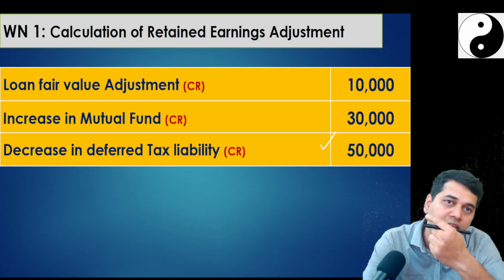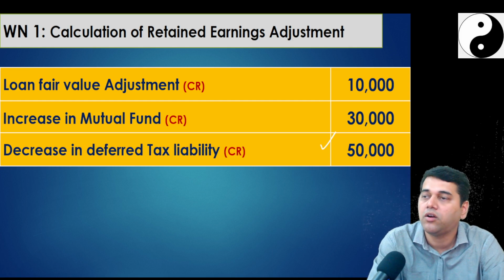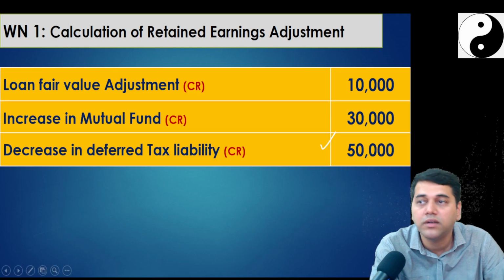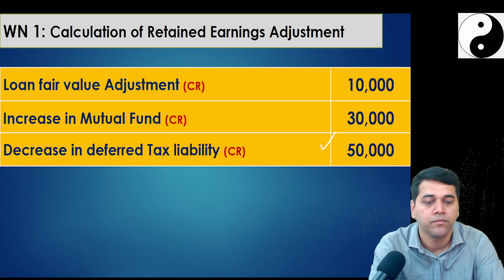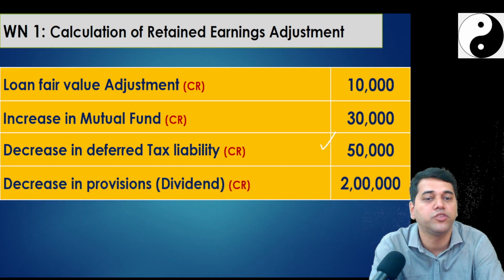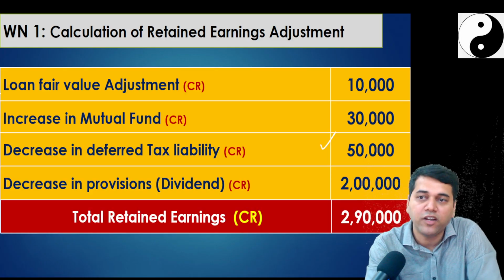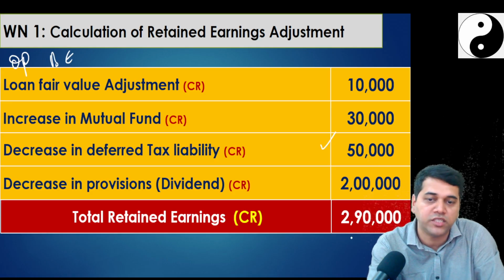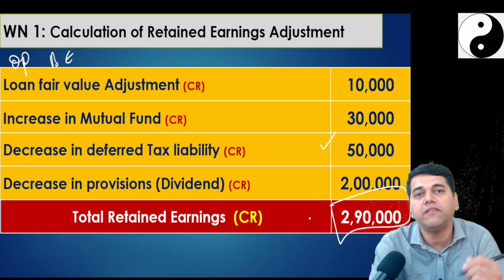No. Already a liability was there, you minus it, so you will pass the entry deferred tax liability to retained earnings. Are you clear? Then you have got the decrease in the provision for interest dividend, 2 lakh. So if someone added the opening balance of retained earnings as per the opening balance sheet, you would have got the closing balance.